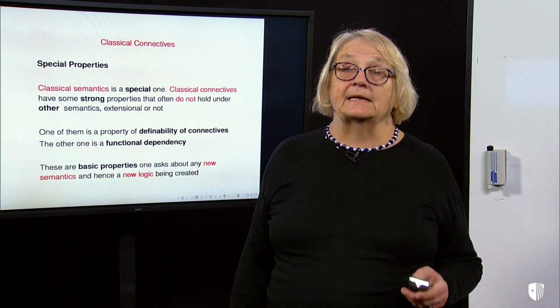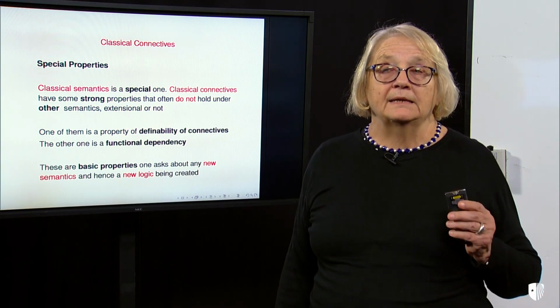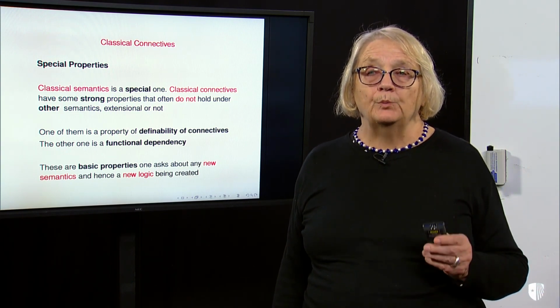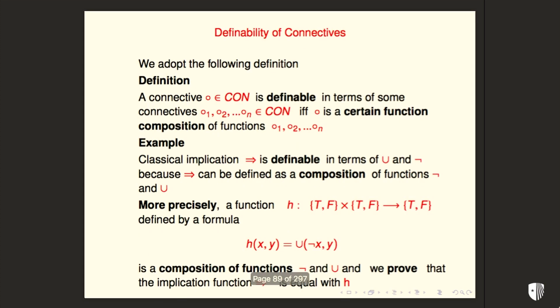Special properties of classical semantics. It has a very specific property, which is called definability of connectives and functional dependency. We also discussed it intuitively, not that much, in chapter 2. So here is a proper definition of what it means that one connective is definable in terms of others.